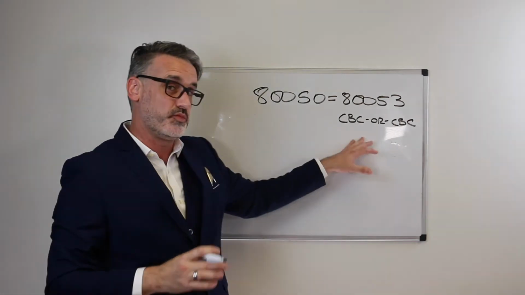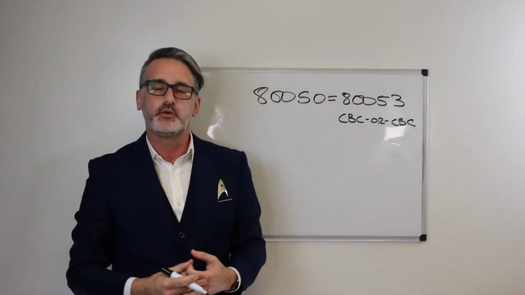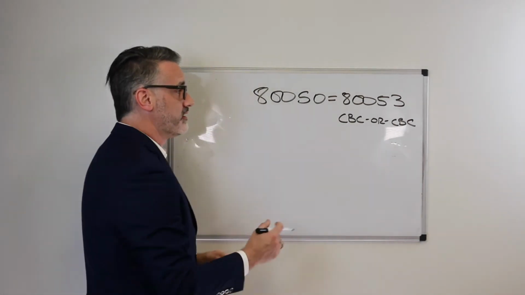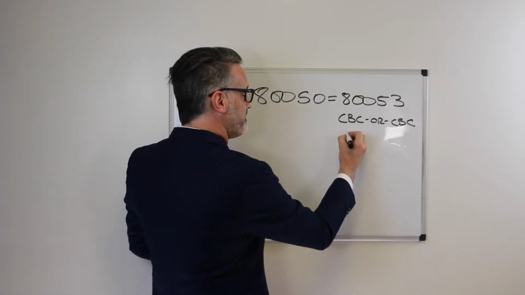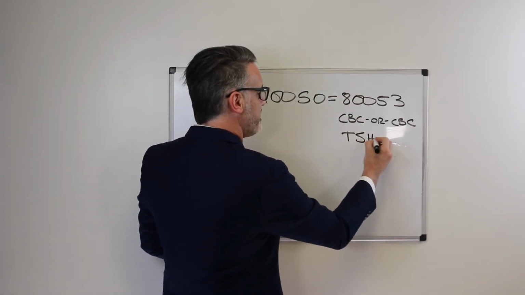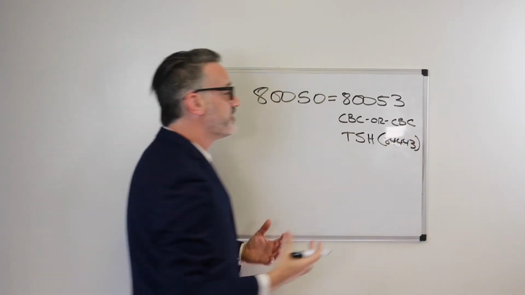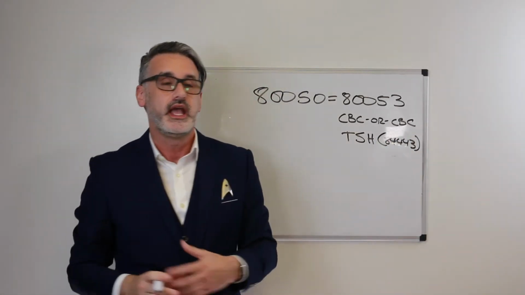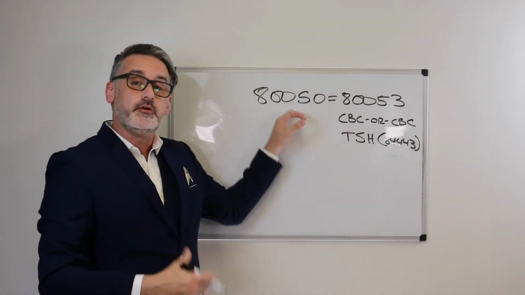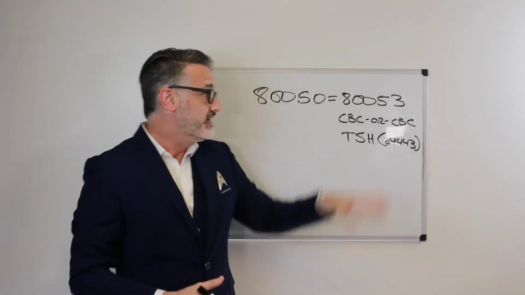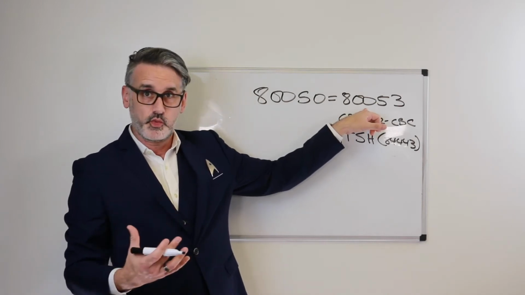Now I do not like where the word or is in the CPT manual, because underneath that, we also have the thyroid stimulating hormone, the TSH, which is also code 84443. So in the CPT code manual, 80050 includes the comprehensive metabolic panel as item number 1.